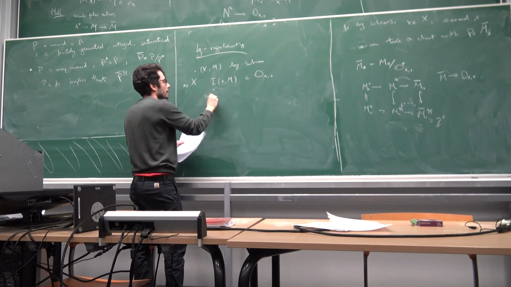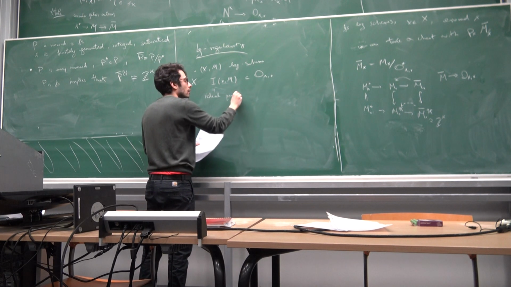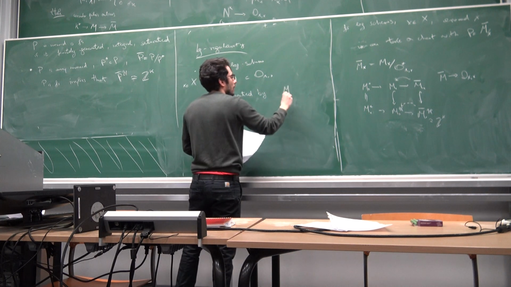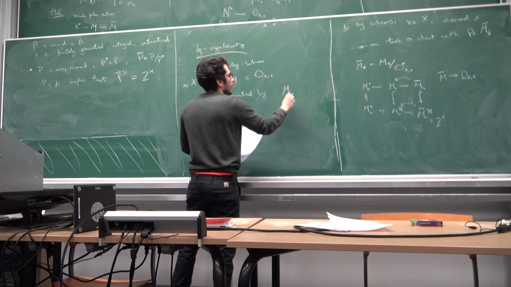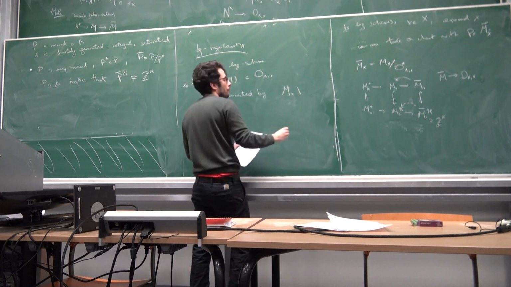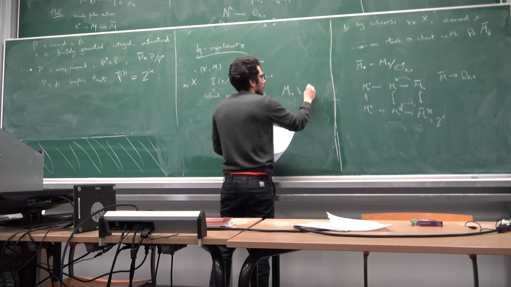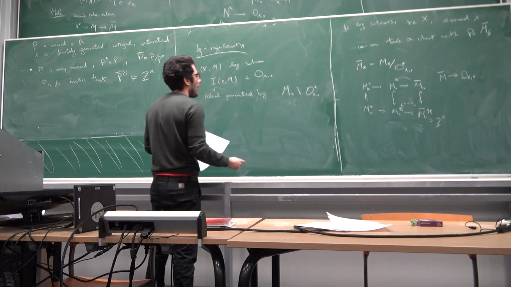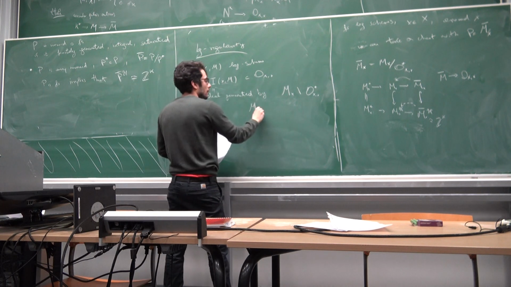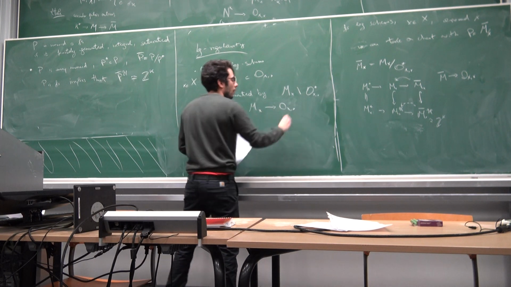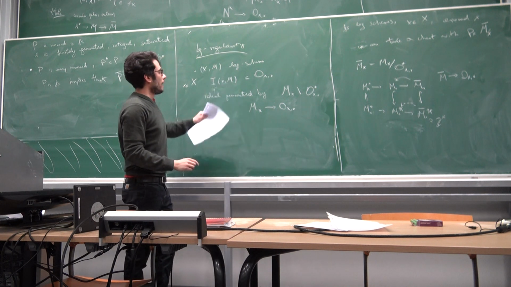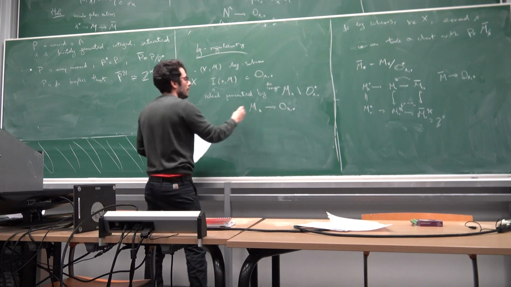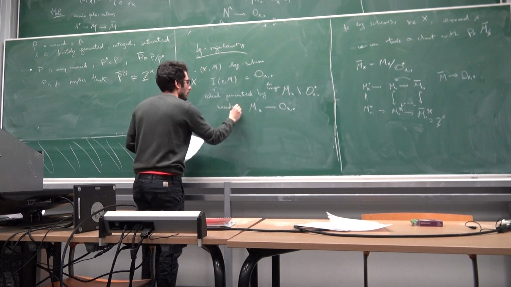It is the ideal generated by M_x minus the units, mapped via the map given by the log structure; I_x is the ideal generated by the image of this under this map.